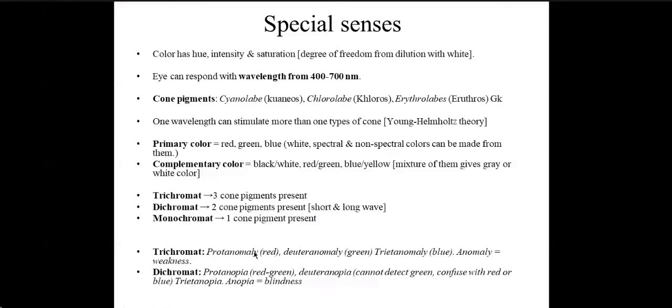Protanomaly is red weakness, deuteranomaly is green color weakness, and tritanomaly is blue color weakness. And those who do not have any weakness are normal trichromats like us. Am I clear? Did you understand?